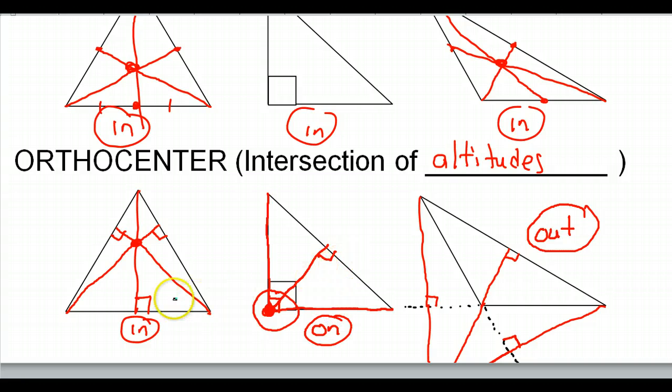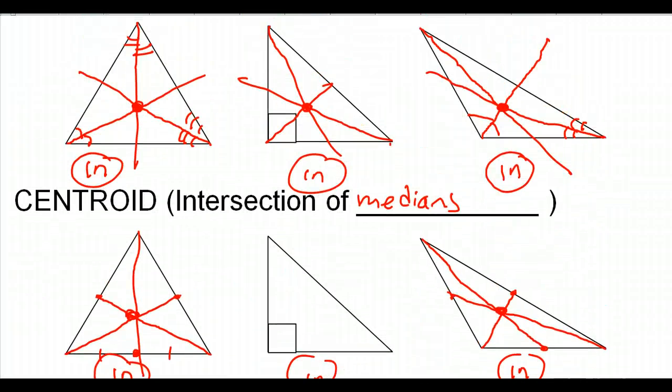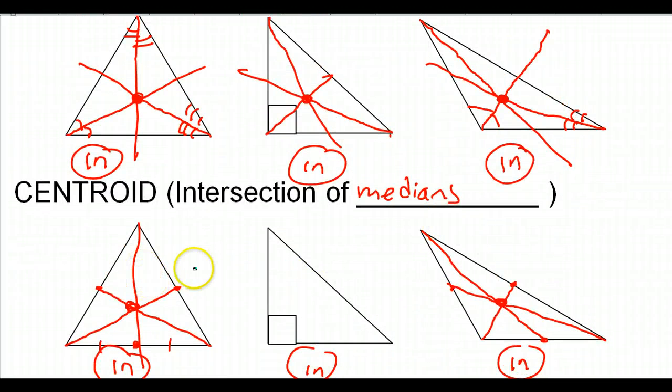So this is how you do your in, out, on analysis. You just draw a picture of an acute triangle or a right triangle or an obtuse triangle, and then you use the definition of each shape. If it's orthocenter, you draw some altitudes and see what happens. If it's centroid, you draw some medians, vertex to a midpoint.